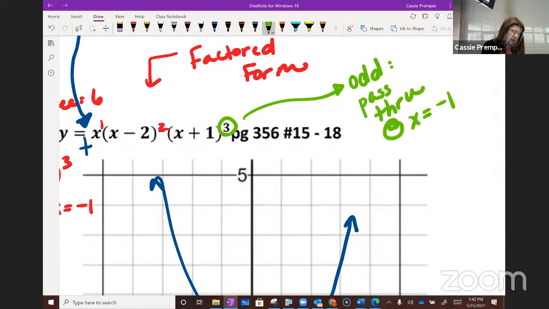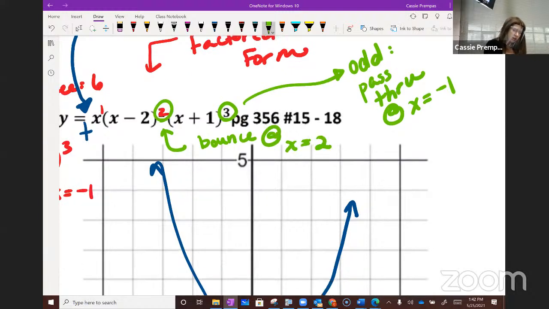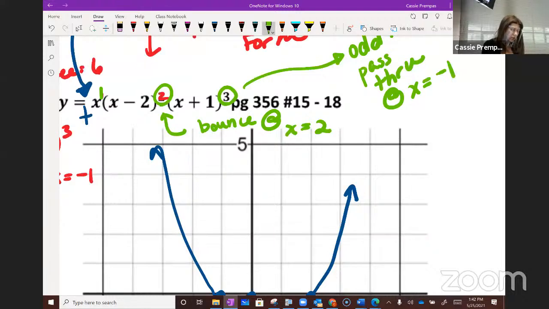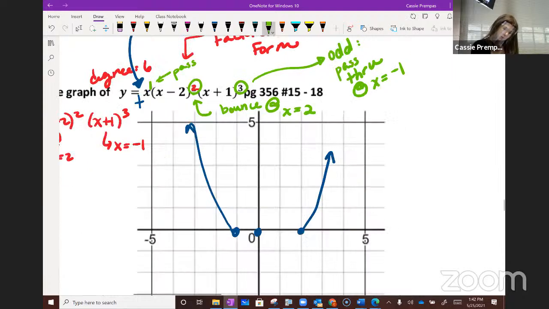And if it's even, it's going to bounce. And then x to the first again is odd, so it's going to again pass through. So as I start completing these pieces, -1 is going to pass through, 0 is going to pass through, but at x equals 2, it's going to bounce. And there's a sketch.